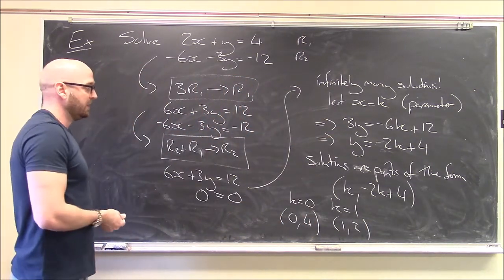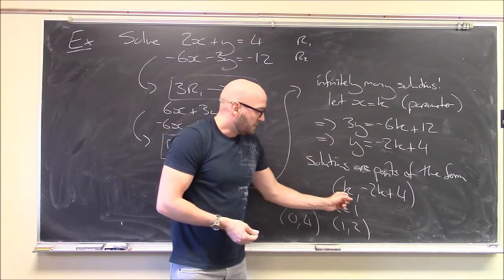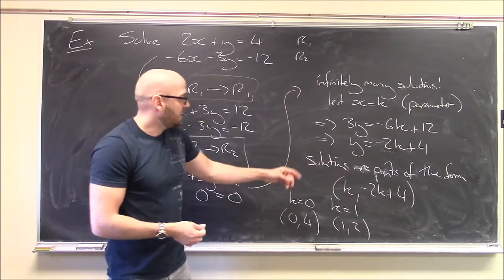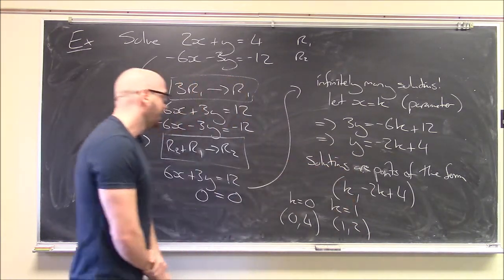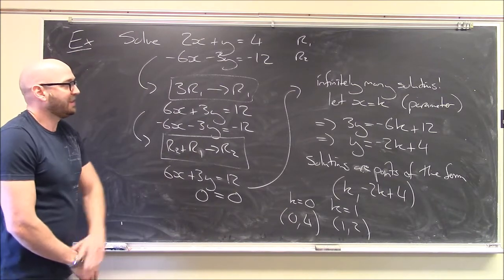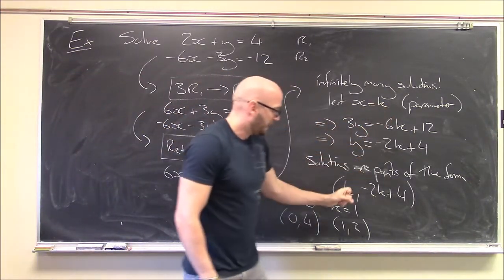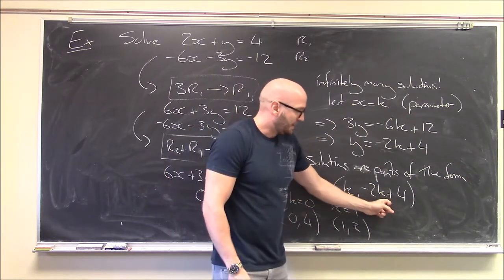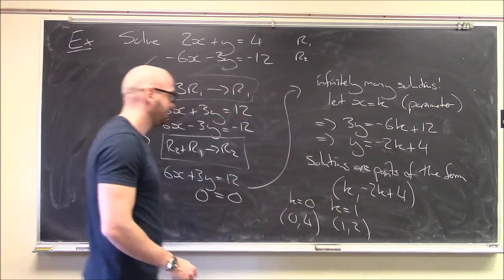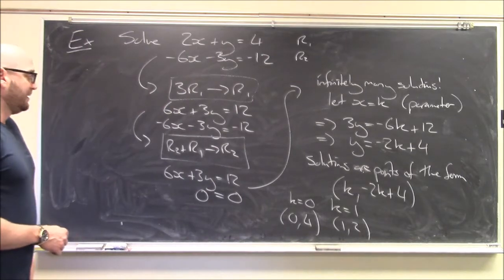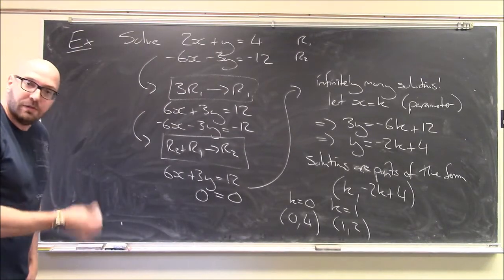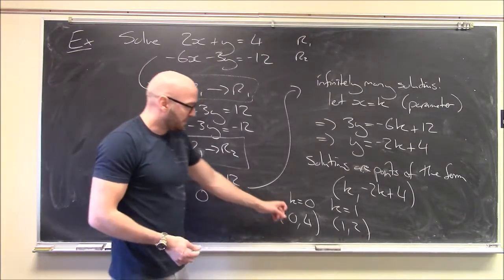There's another solution. You could plug in k is the square root of 2, k equals pi, k is 1.8. But this is sort of where this parameter comes in. You specify the value for k, and then I know the value for y as well. And that gives us, of course, infinitely many solutions, because there's infinitely many choices you could choose for k.